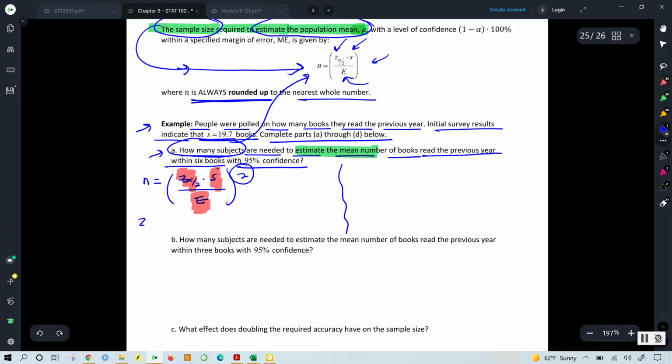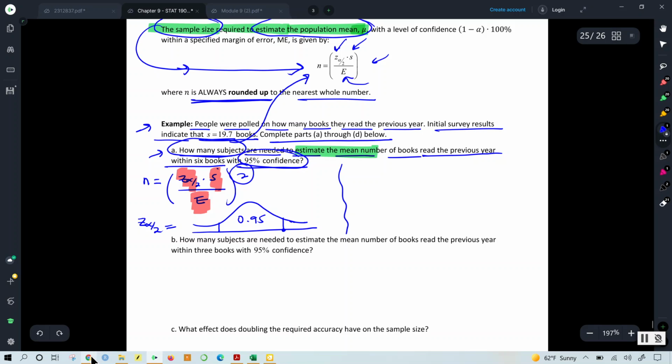First, to get z of alpha over 2, I will draw my normal distribution, and I will locate my level of confidence, 0.95. And so I need my z value.